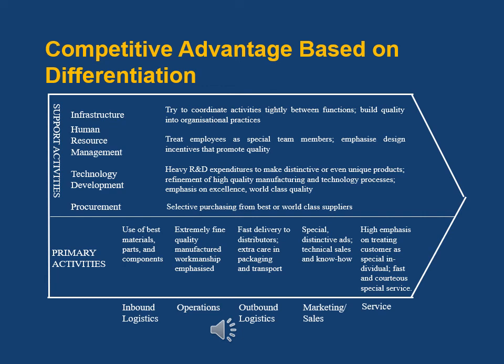For example, in operations, rather than focusing on mass production, we focus on the ability of the company to improve its quality, to have products that are very different and unique. In marketing and sales, it is a distinctive advertisement to show that this product is not just a mass product.